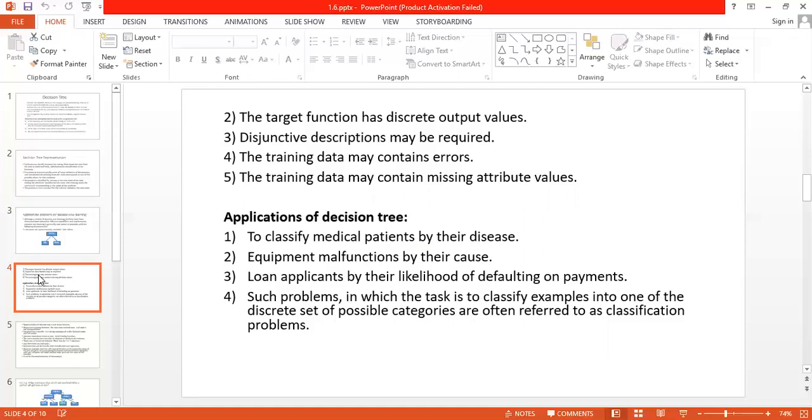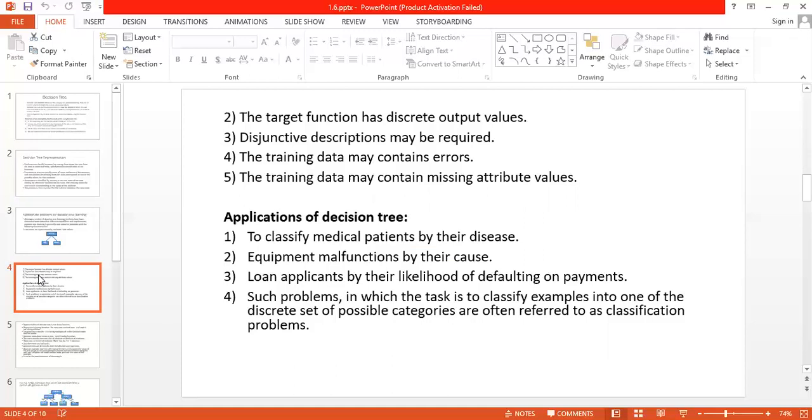The first application is to classify medical patients. We have various applications like brain tumor detection, cancer detection, heart disease detection by using machine learning.